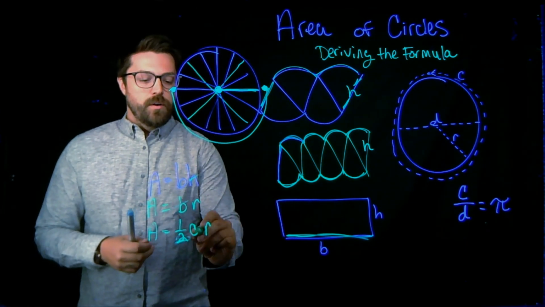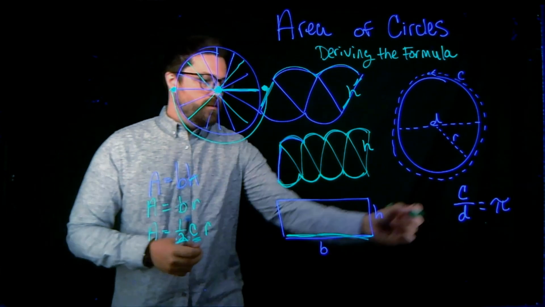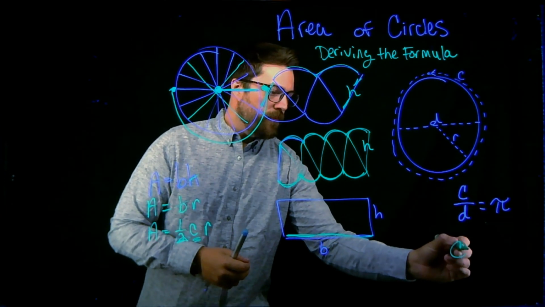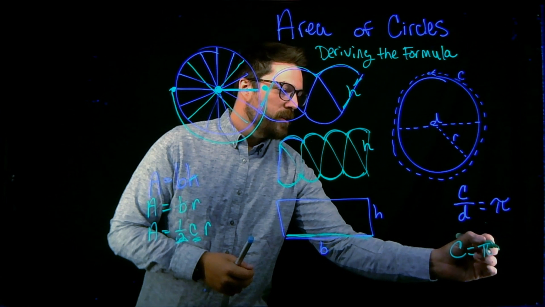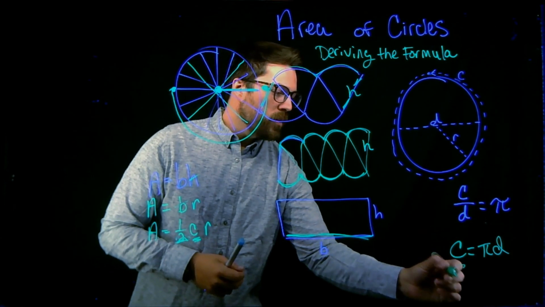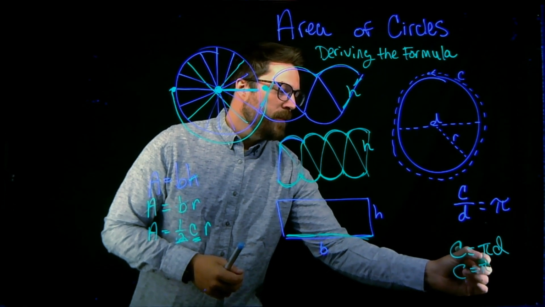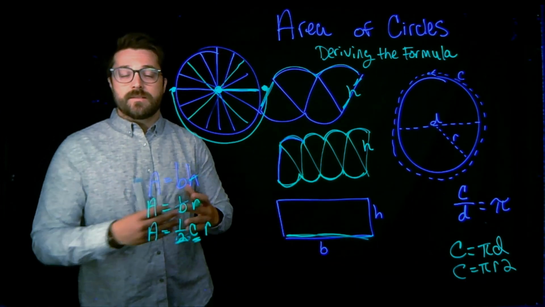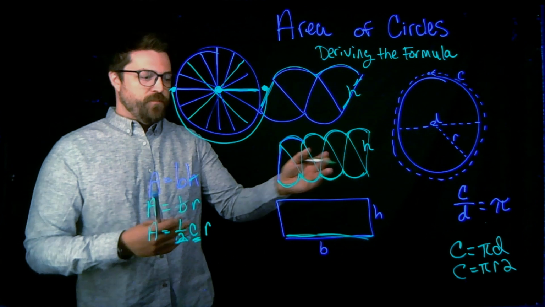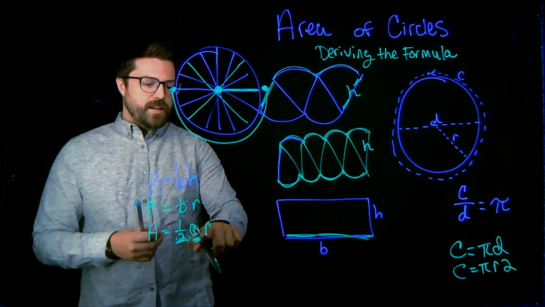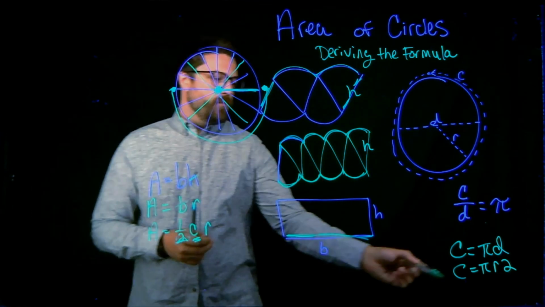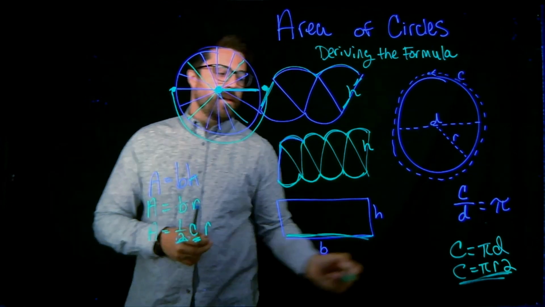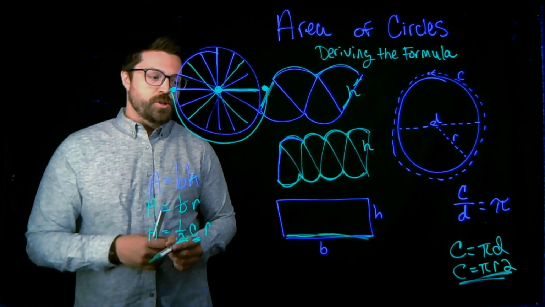So I know that circumference, because of this relationship, is just pi times diameter, or sometimes it's written as pi times the radius times 2, because when you multiply the radius by 2, you get the diameter. So those are equivalent. Because I already have radius in the formula, I'm going to go with this version of circumference.